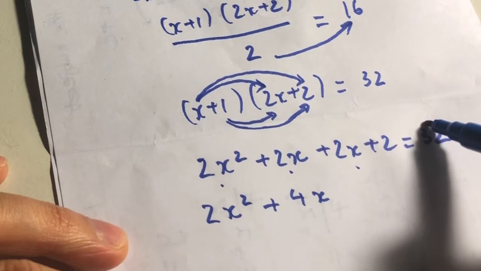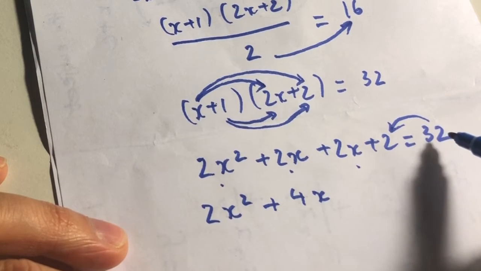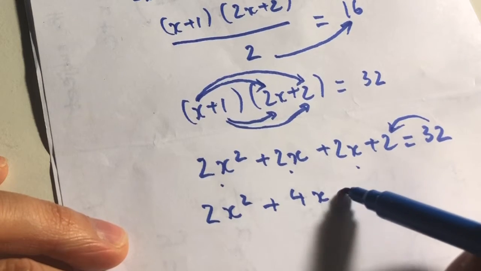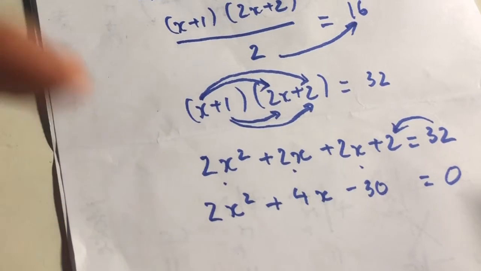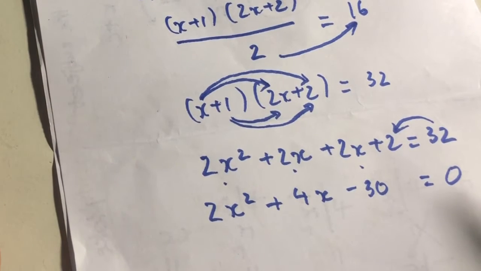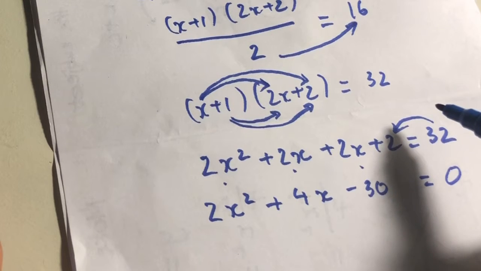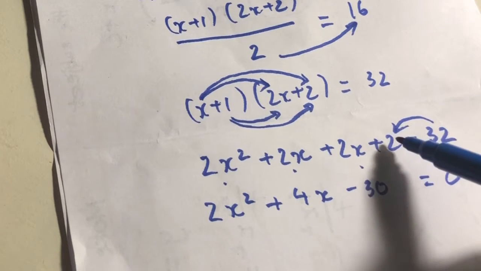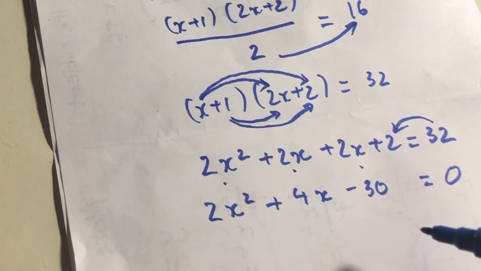So you want to bring 32 to the left-hand side. So that will be 2 minus 32. That gives you minus 30 equals 0. Quick maths here. I move 32 from the right-hand side to the left-hand side, it will become minus. So 2 minus 32 will become minus 30.